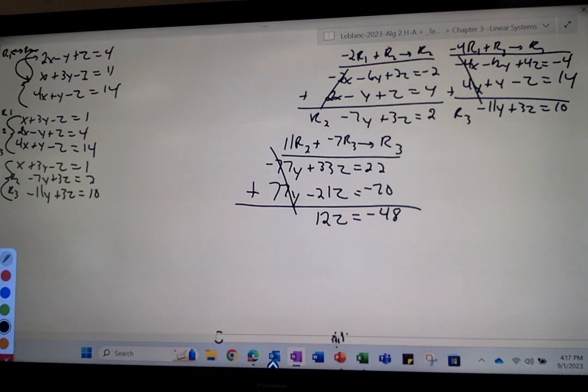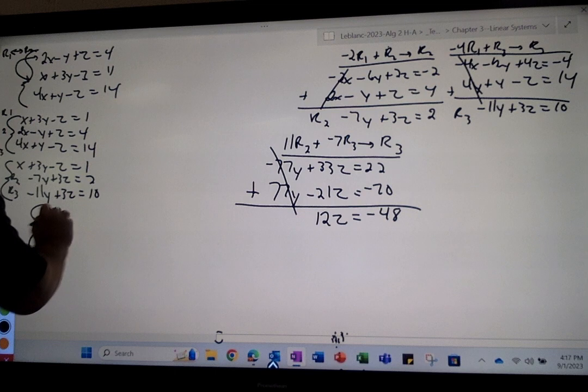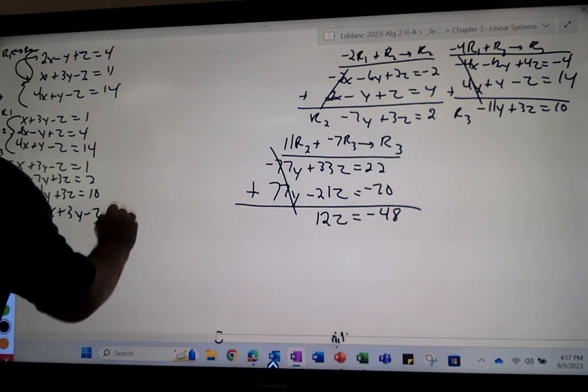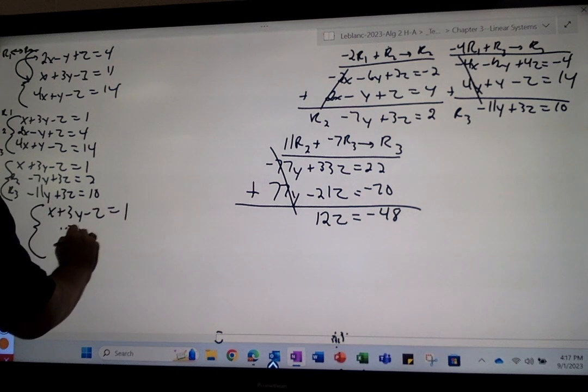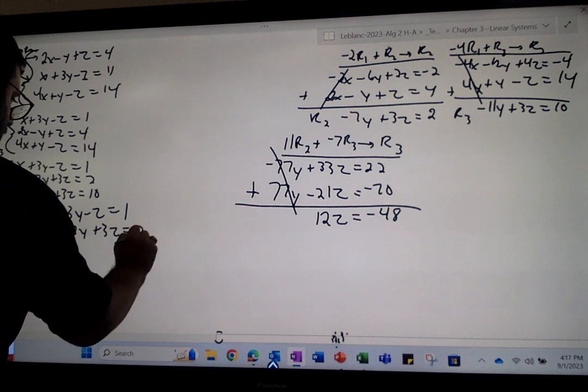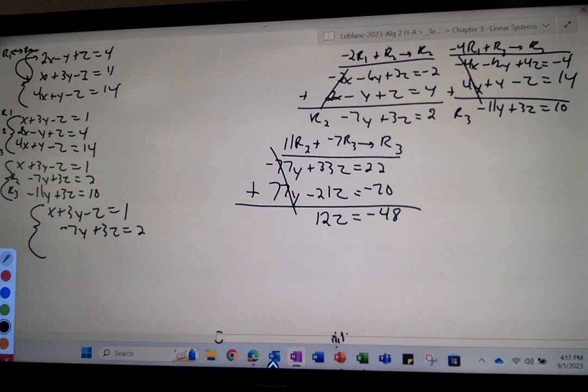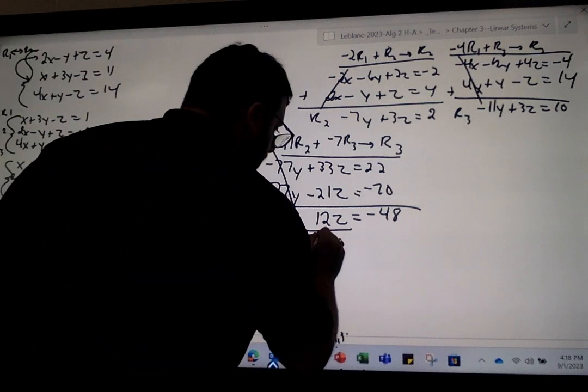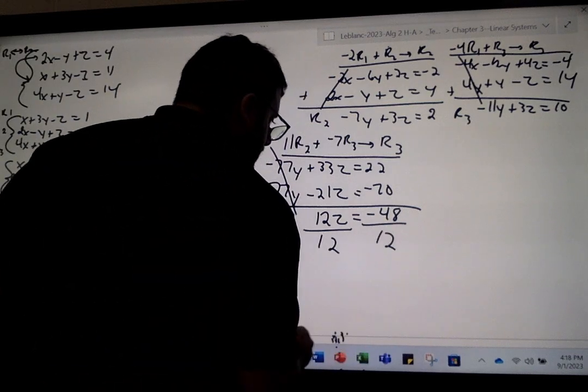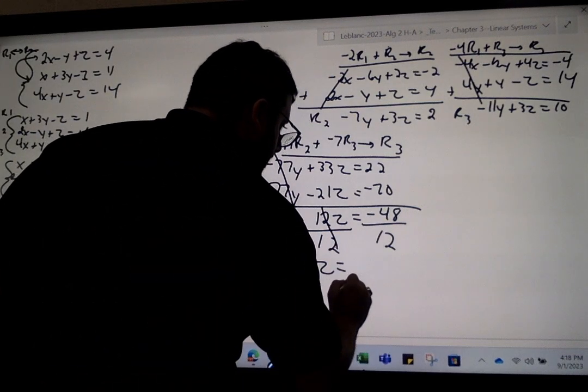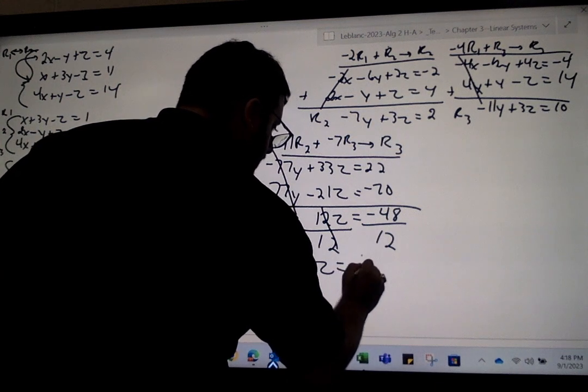Now let's go ahead and rewrite my system. x plus 3y minus z equals 1. Negative 7y plus 3z equals 2. Now, obviously, I can write 12z equals negative 48. But come on, I'm trying to figure out what z is. So let's just go ahead and divide by 12 on both sides. z equals negative 4.